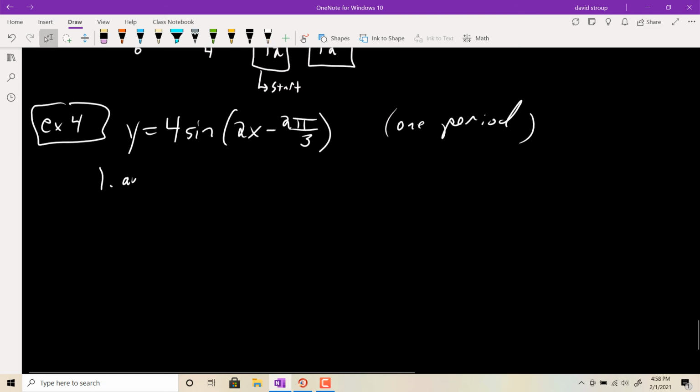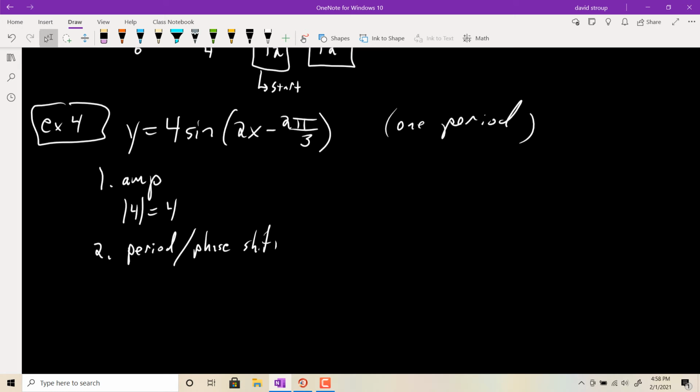First, the amplitude is easy. It's just 4. Secondly, then the period and phase shift. So we wedge the 2x minus 2 pi over 3 in between 0 and 2 pi and solve for x. Okay.